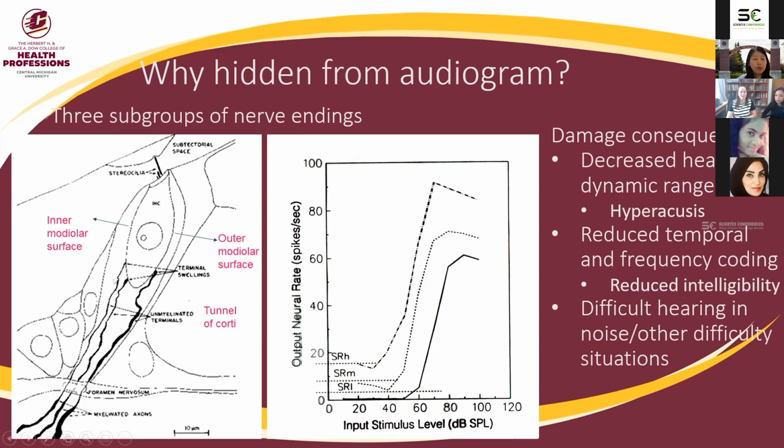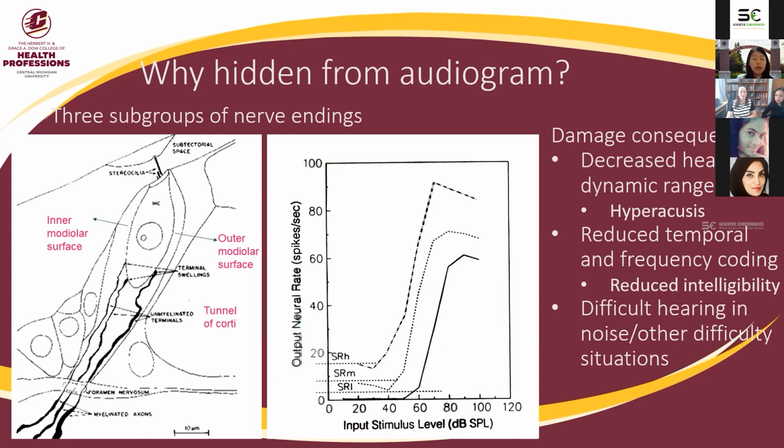While the low spontaneous rate nerve fibers here have the thinnest axons located on the modiolar side of the inner hair cells with fewer mitochondria, which means they are more vulnerable to external factors like noise, toxic medications, and aging compared to other subgroups.